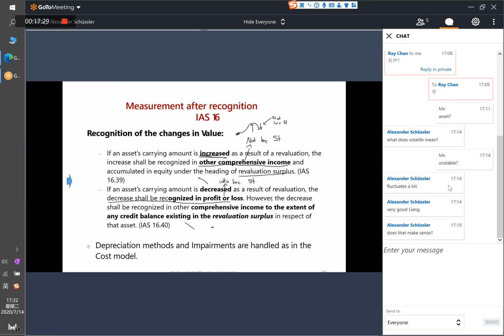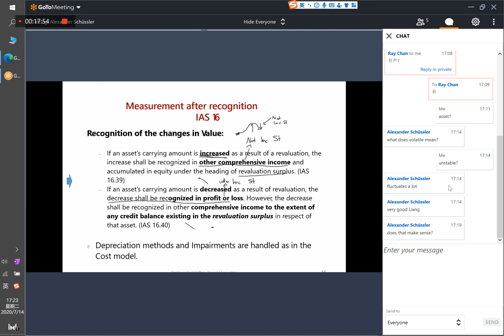And not every change in equity flows through the income statement. That's why we have other comprehensive income. And that's why it's sometimes called dirty surplus accounting, because not every change in values flows through the income statement.